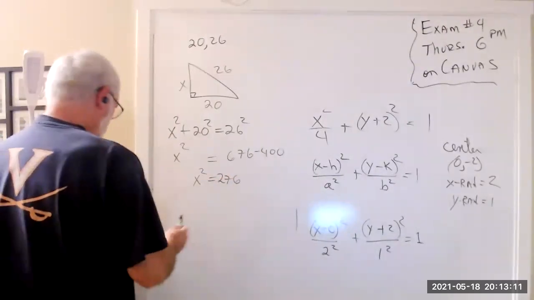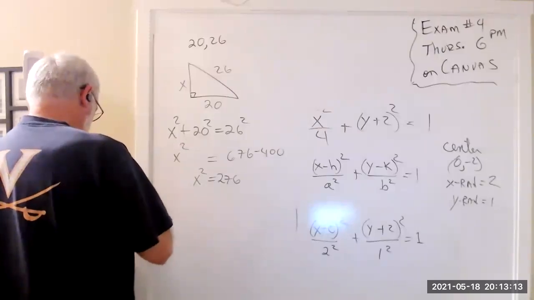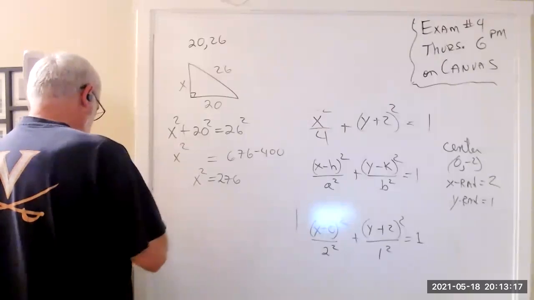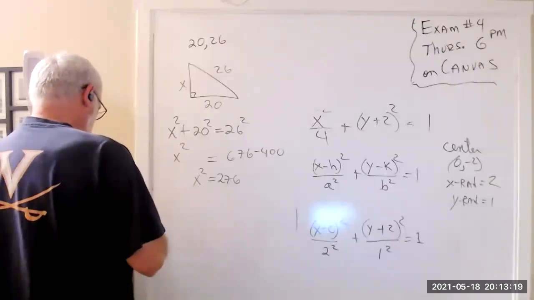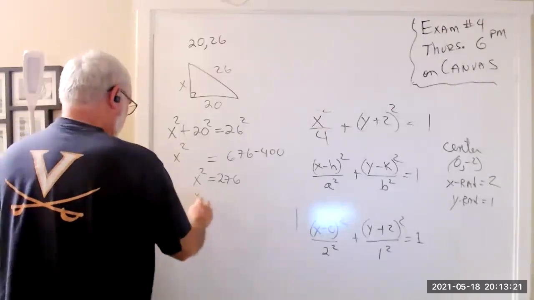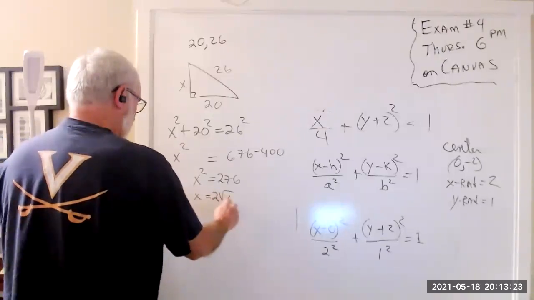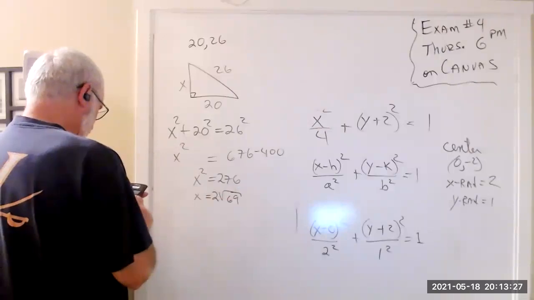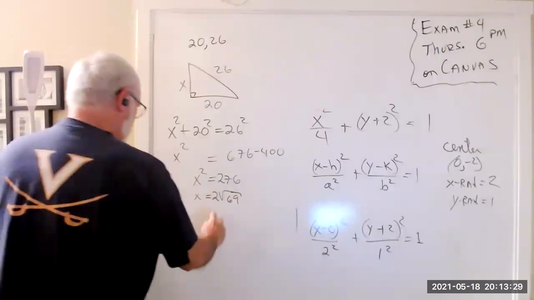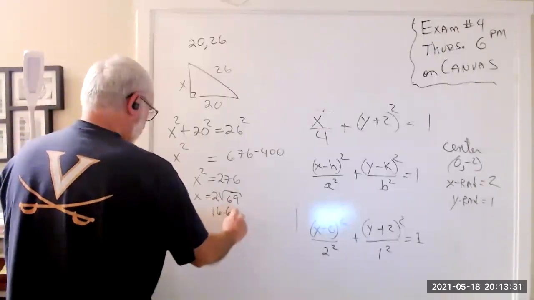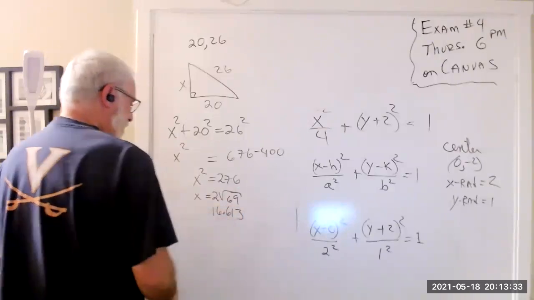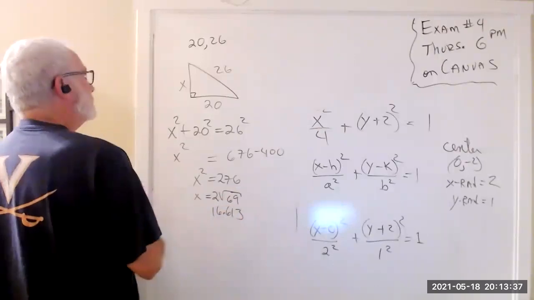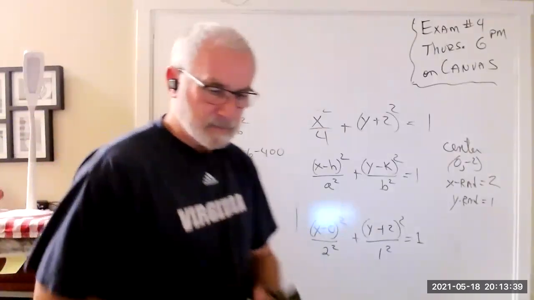So if we square root both sides, I get x is 2 radical 69, about 16.613. But all the options on the list are whole numbers.